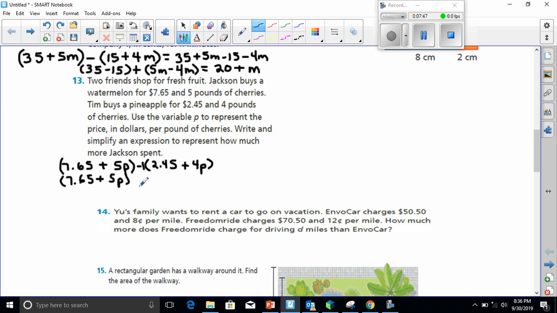Well, -1 times 2.45 is negative 2.45. And then -1 times 4p, well, that's going to be -4p. And now we can go ahead and mix our numbers up since we're adding everywhere. We could turn this into 7.65, and we're subtracting 2.45.